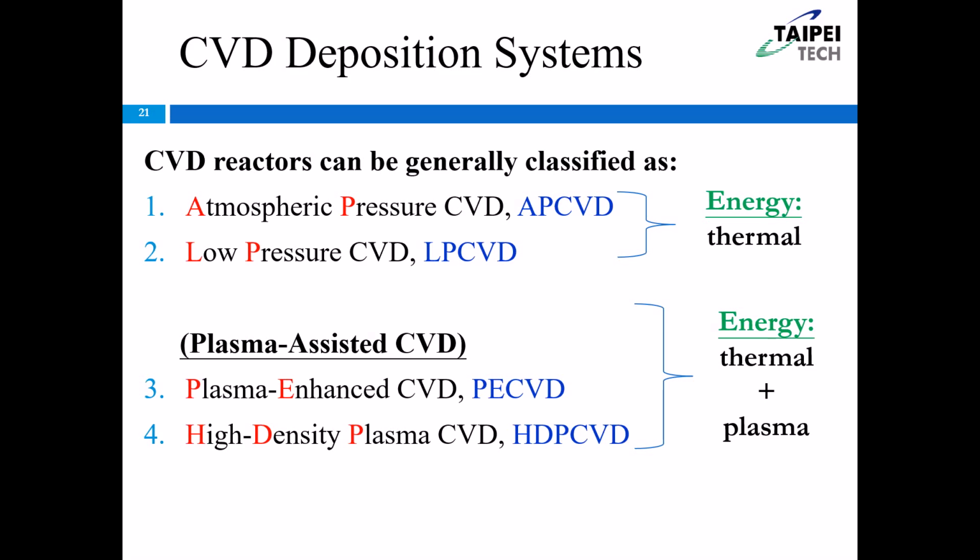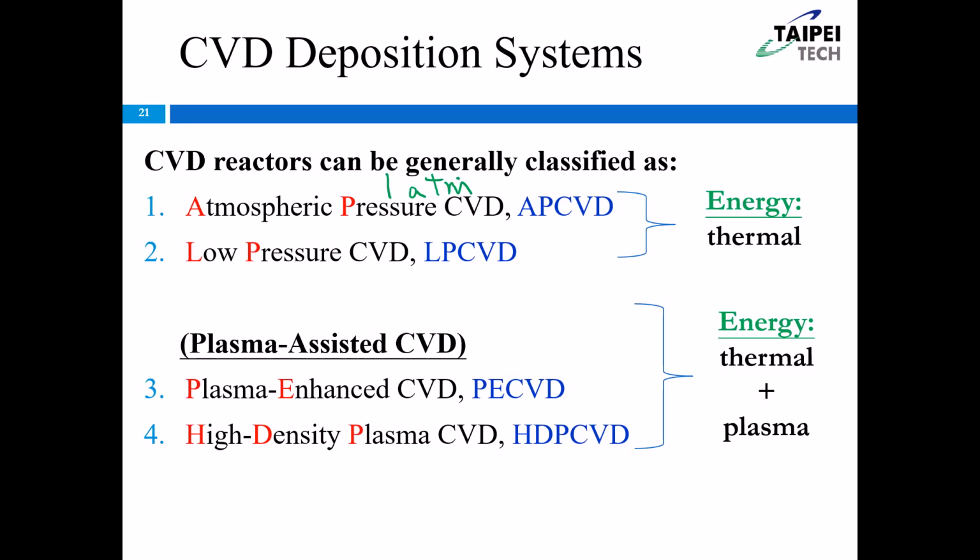It means in this CVD we don't use the pumping system, so it's not low pressure, it's atmospheric pressure. It means inside the chamber of the APCVD, it just remains at 1 atm.